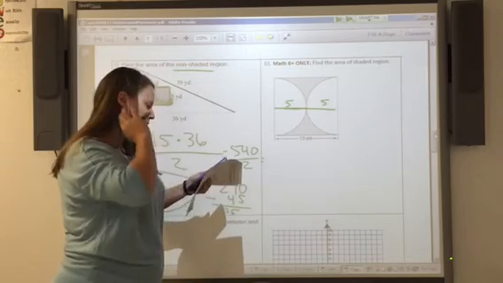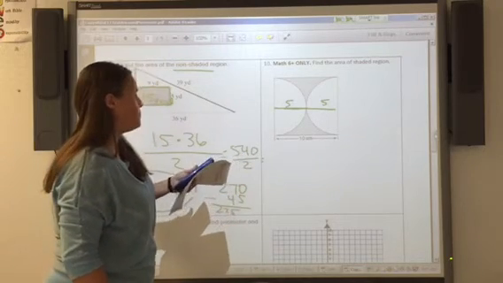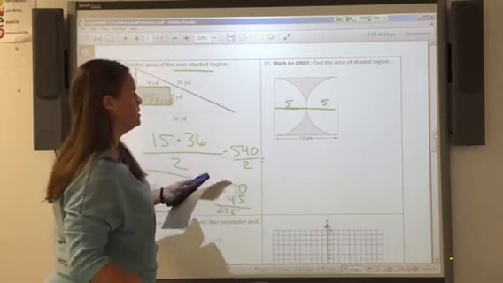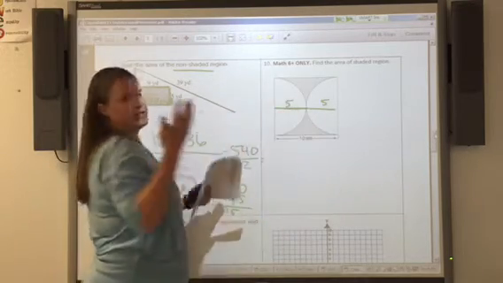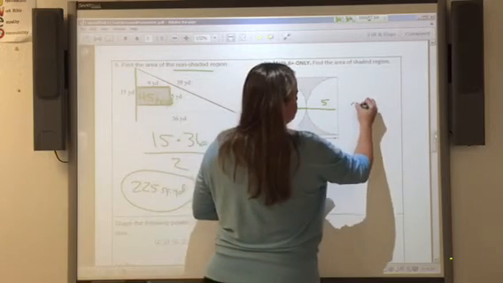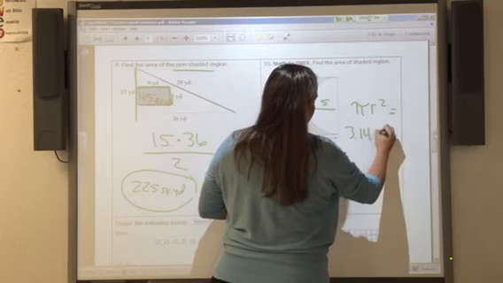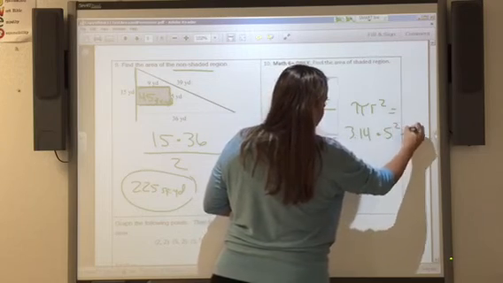Okay? So once I do that, I'm going to do pi r squared for the area of the circles, because I know it's a whole circle. So pi r squared, which is going to be 3.14 times 5 squared.